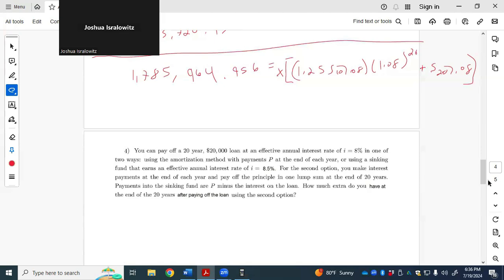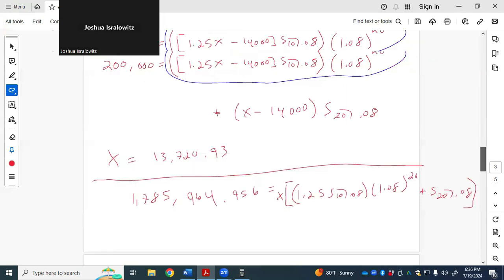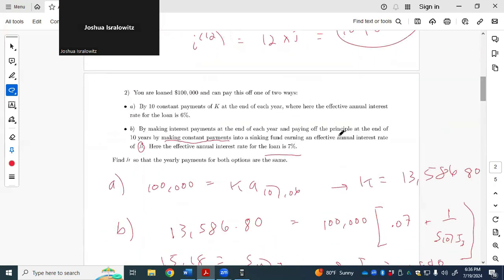So remember the formula for the sinking fund payments with constant payments, that's a formula to give you exactly the correct amount to pay off the loan entirely.